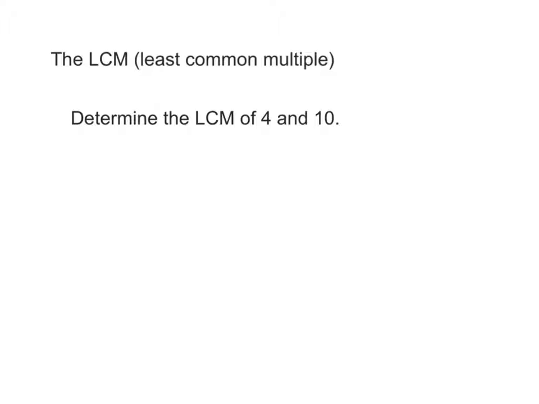This question asks you for the least common multiple, or sometimes it's called the lowest common multiple. So it's the smallest number that's a multiple of both 4 and 10. And we're going to do this just by listing the multiples. So if we look at 4, the multiples are 4, 8, 12, 16, 20, 24, 28, and so on.